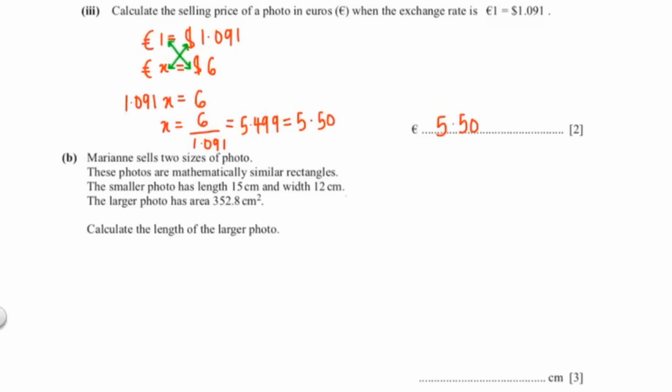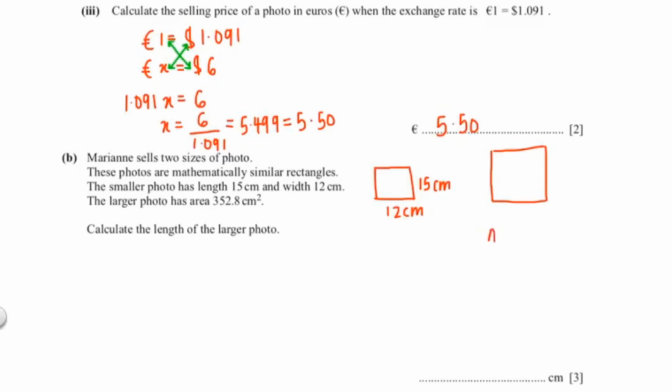So the next question is all about congruent shapes. Let me just draw out the 2 rectangles. This is the small rectangle and this is the larger rectangle. The question says that the length of the smaller rectangle is 15 centimeters and the width of the smaller photo is 12 centimeters.